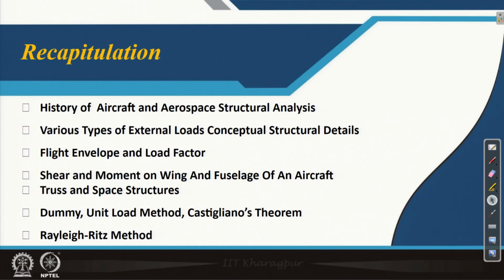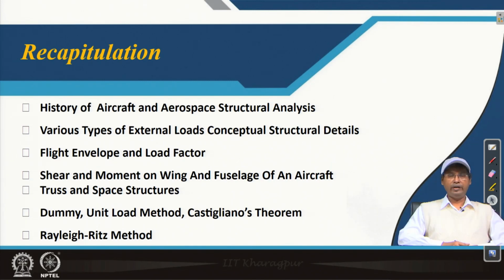As a recapitulation, we have already covered many things: the history of aircraft and solid mechanics or structural analysis, various types of external loads experienced by aircraft structures, the flight envelope, the value of n and how it varies, the load factor.